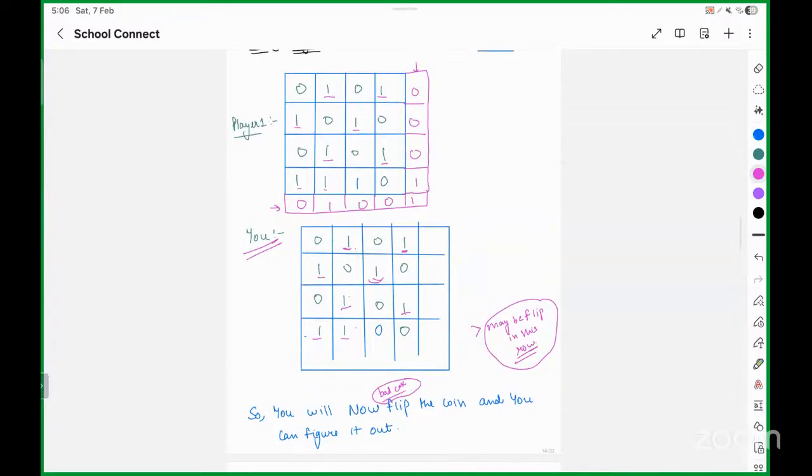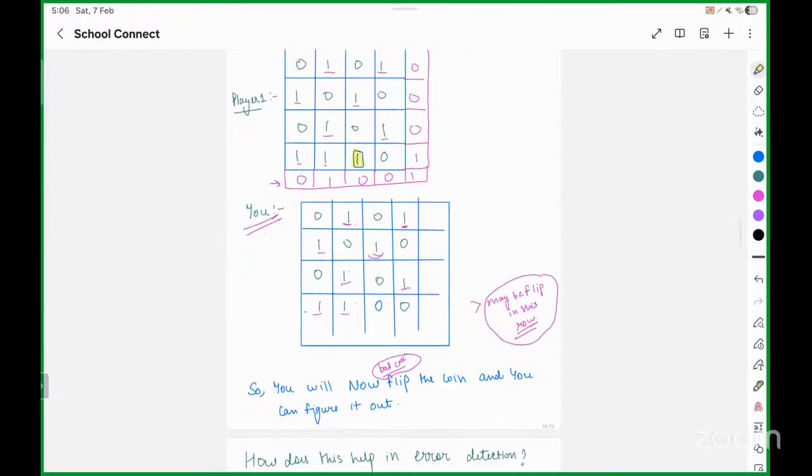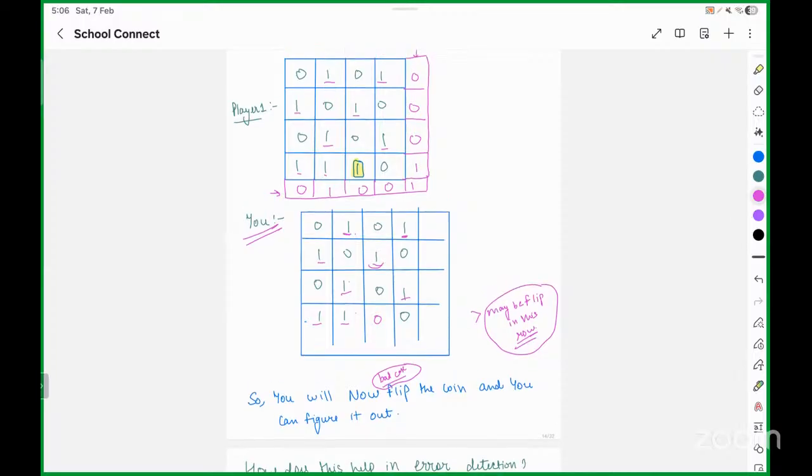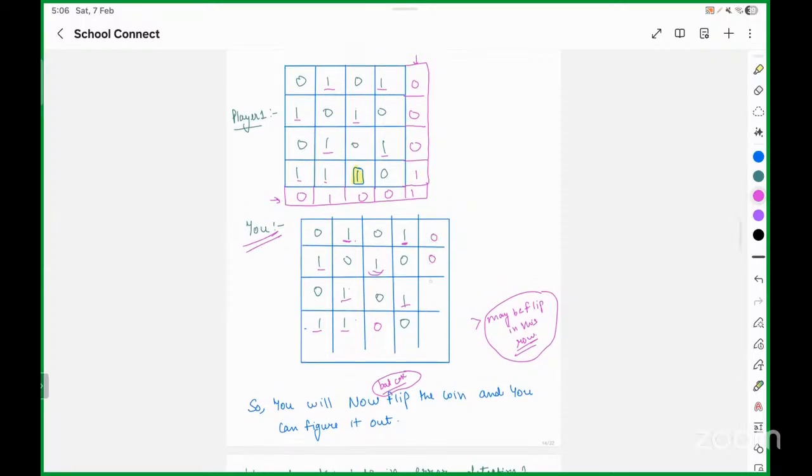Let's see if he has now flipped this coin, this 1. Now this one has become 0. The rest of the table is the same, 1, 1, 1, and it says 0, 1, 0, 0, 1.